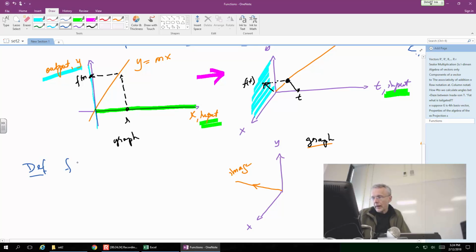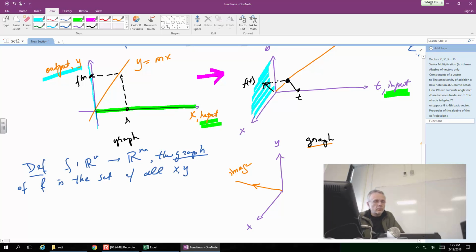Starting with f of x, f from Rn to Rm, once again, the graph of f is the set of all x, y, and now the tricky part is where it lies.